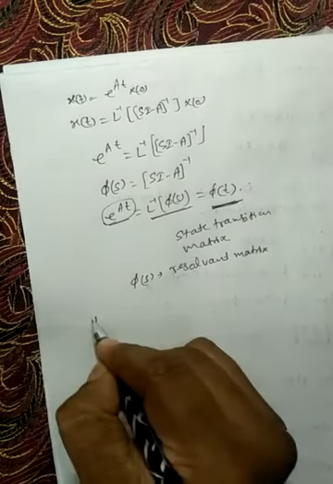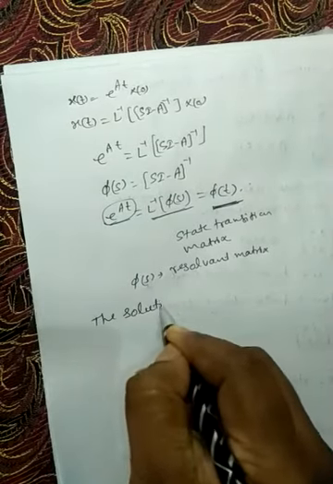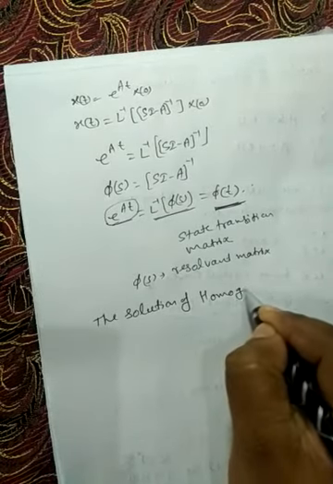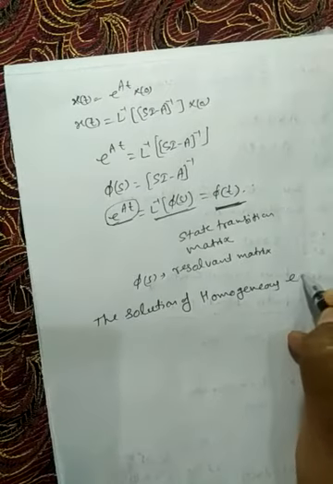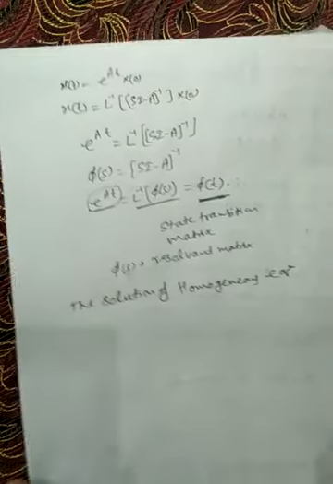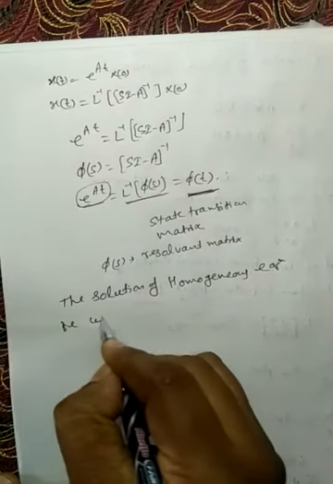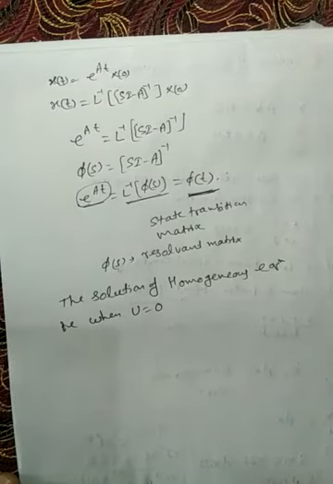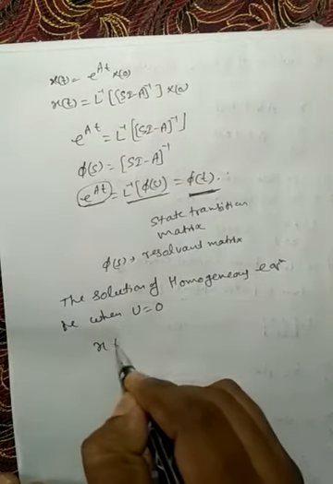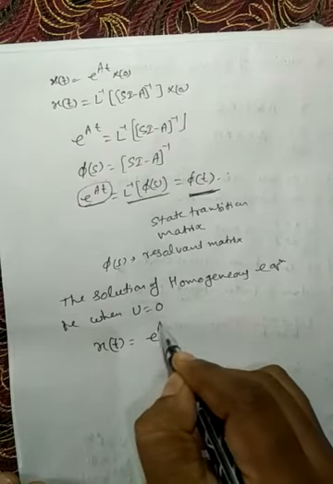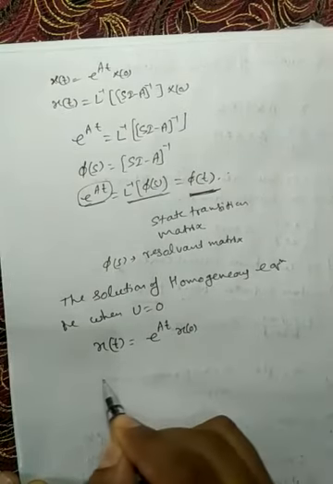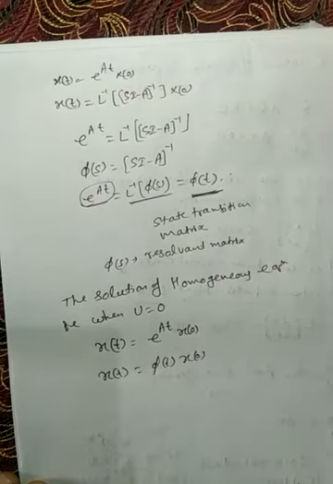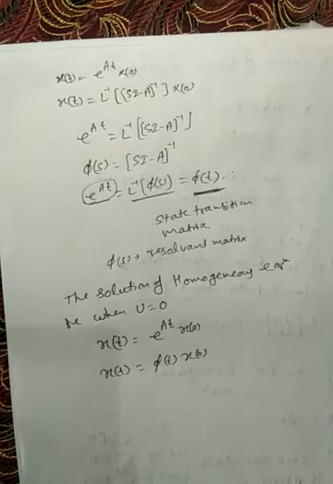So the solution of the homogeneous equation, that is when u is equal to 0, meaning input is equal to 0, is x(t) equal to e raised to At x naught, or x(t) equal to phi(t) x naught.